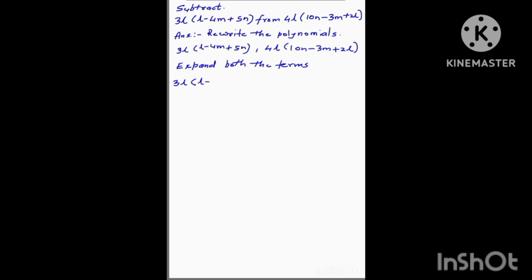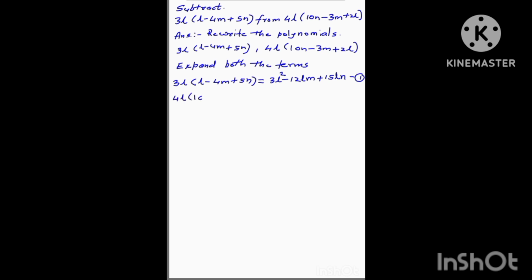Okay, so let us see. 3L into L minus 4m plus 5n will be 3L square minus 12lm plus 15ln. Very simple. In this you only have to take care that you do not make a mistake in sign.